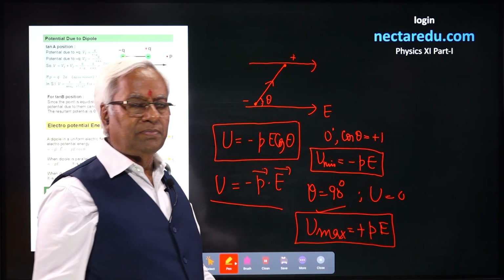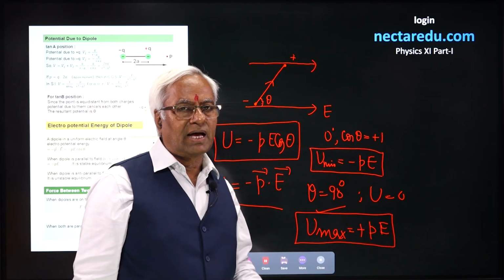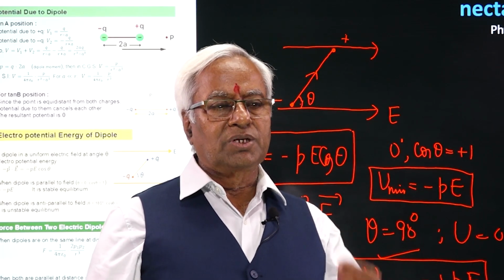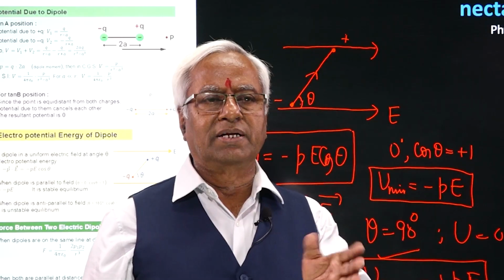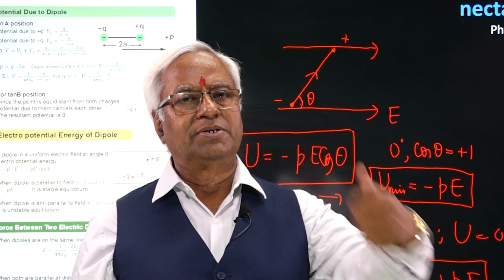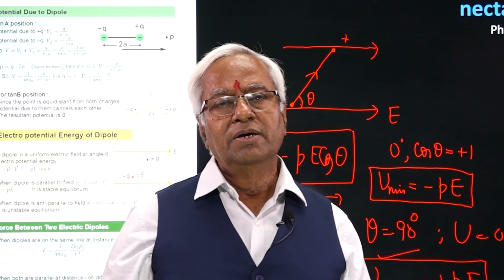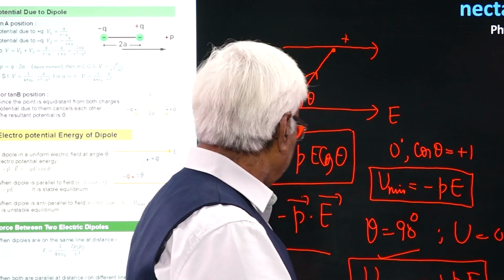This will also be an equilibrium, but in this case the dipole is in unstable equilibrium, meaning a little jerk, a little disturbance, and it will permanently disturb itself. When the potential energy is 0, it is said to be in neutral equilibrium.